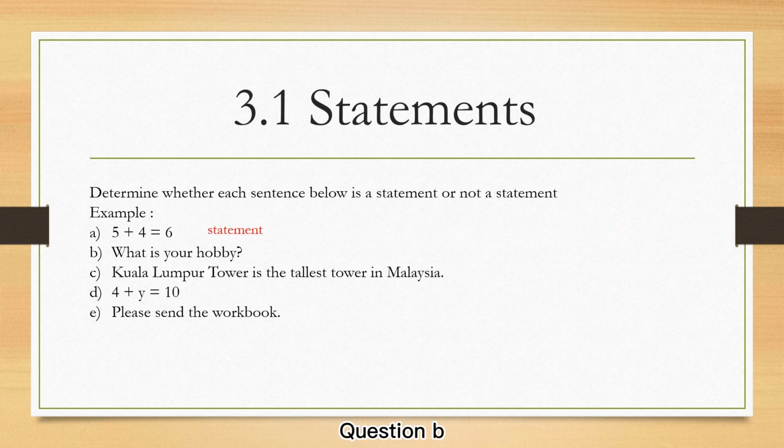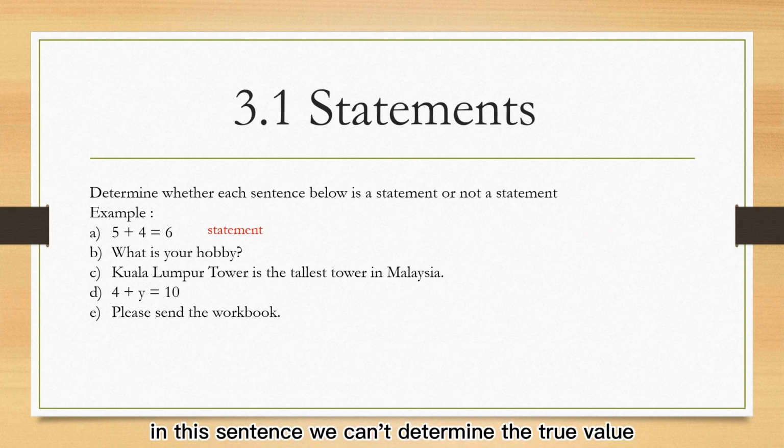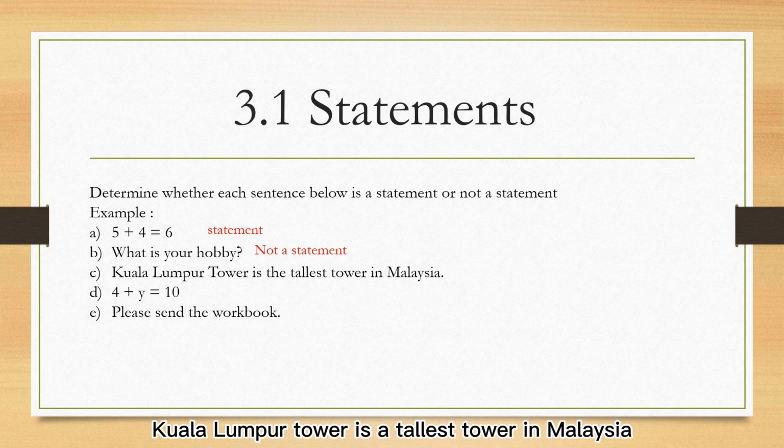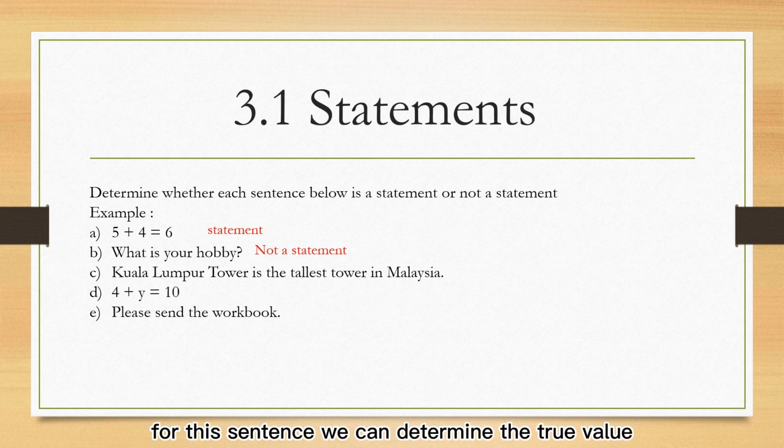Now question B. What is a hobby? In this sentence, we can't determine the true value, so it is not a statement. Now question C. Kuala Lumpur Tower is the tallest tower in Malaysia. For this sentence, we can determine the true value, which is true, so it is a statement.